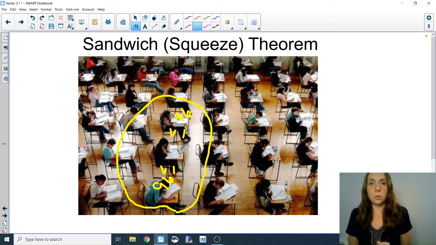What does her score have to be? Well, if this compound inequality always holds true, then it must be the case that she's scoring a 96 as well. Does that make sense? If the lower score is a 96, the higher score is a 96, then that student in the middle must have also scored a 96. And so that's the basic principle behind the sandwich theorem.